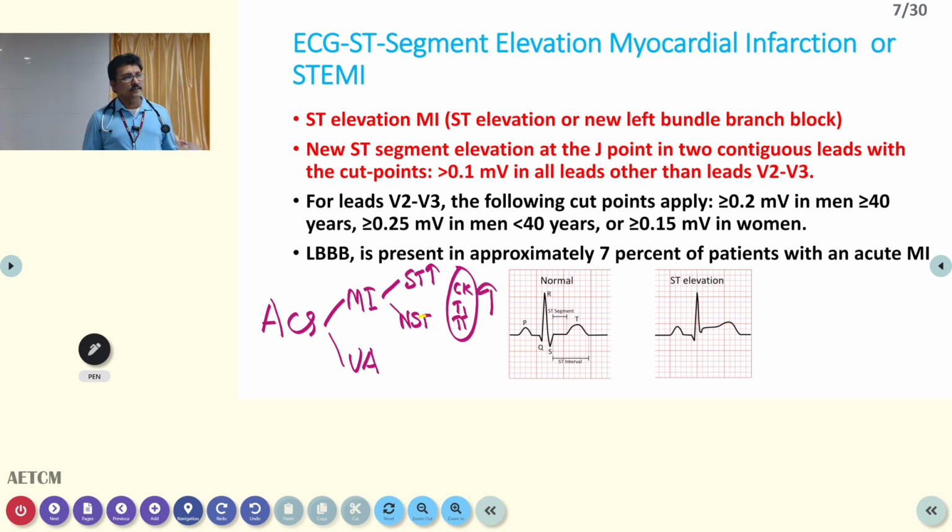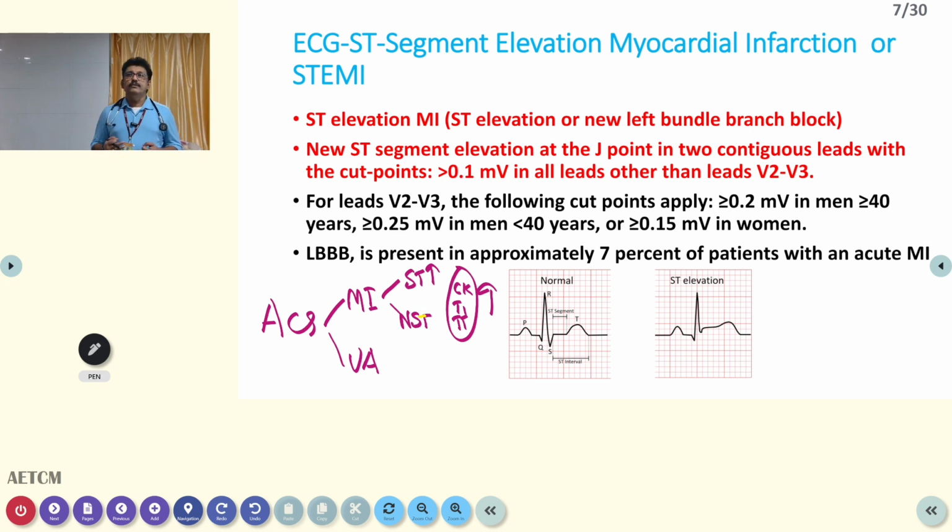Now, what is ST segment elevation? ST segment elevation means a new ST segment elevation at J point in two contiguous leads like V1, V2, V3, V4, V5, V6, or 2, 3 or 3 AVF. ST segment elevation cutoff points: 0.1 millivolt in all leads other than V2 and V3.